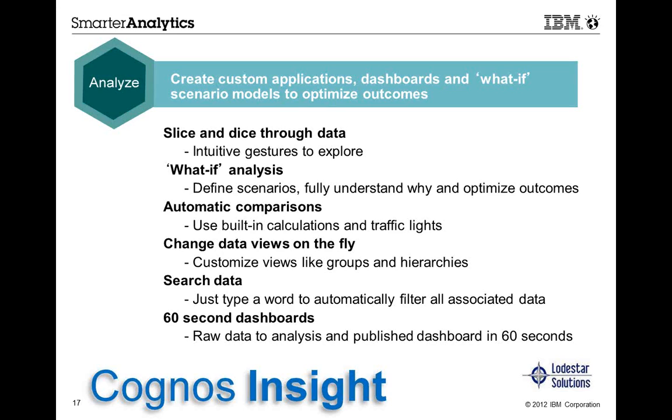Ability to create built-in calculations with traffic light signaling, so you can easily compare information, do top 5, top 10, top whatever you'd like it to be, and it'll highlight that information and only show you that information. Search data filtering is very simple, very easy, very intuitive. And they say 60-second dashboard. You could have a dashboard in 15 seconds.